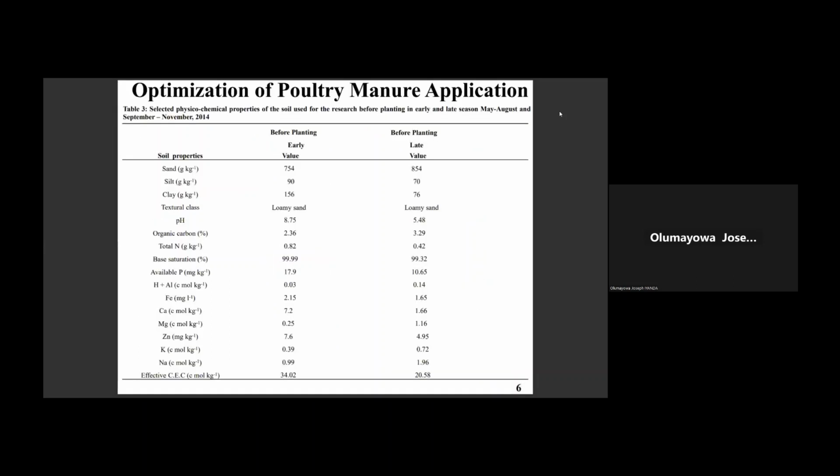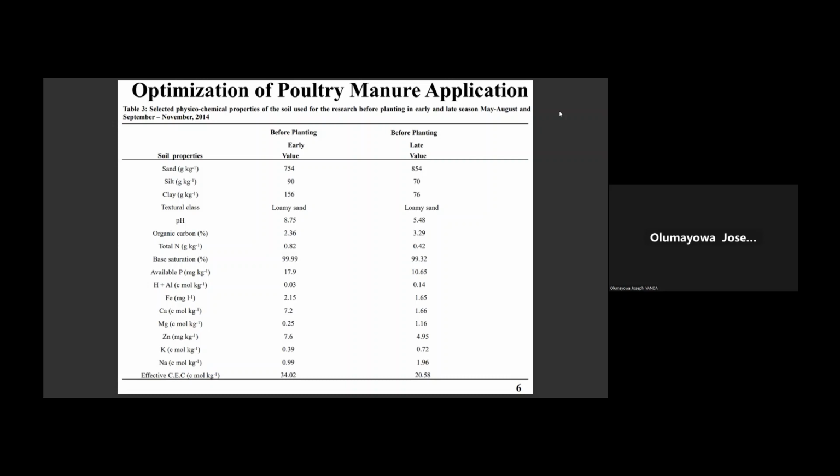This table shows the nutrient status of the soil before planting for both experiments in the early wet and the late wet season. The pH value was slightly acidic, which covers the range needed for the hybrid crops that were planted.